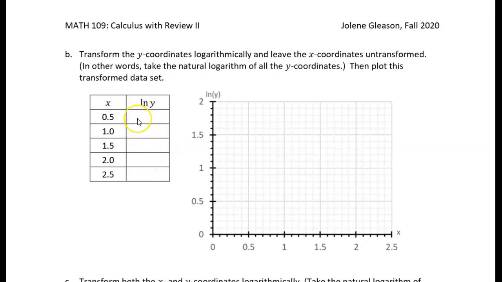So this is what I got: 2.06, 1.22, 0.74, 0.39, and 0.12. Just taking the logarithm of the y values. And now I'm just going to plot that.